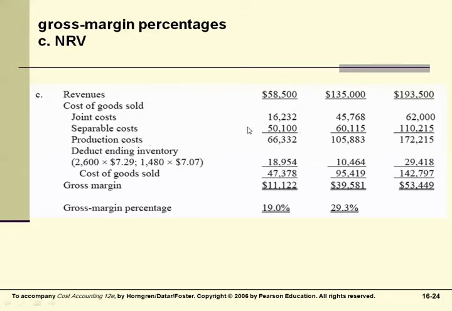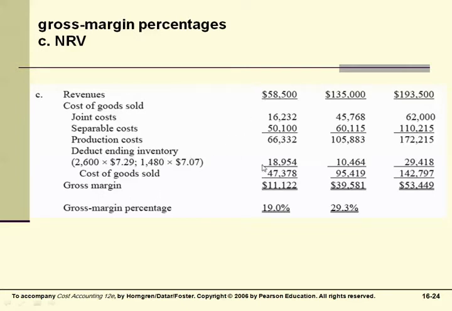Total production costs will result in 66,332 after deducting ending inventory by multiplying 2,600 pounds in ending inventory by cost per pound 7.29, which equals $18,954. Total production costs minus ending inventory will result in cost of goods sold with the amount of 47,378.